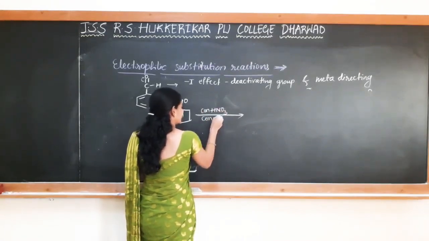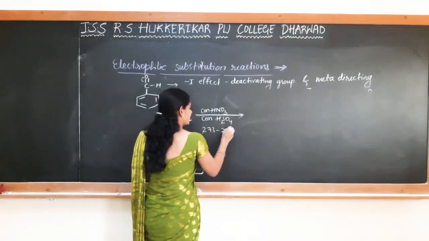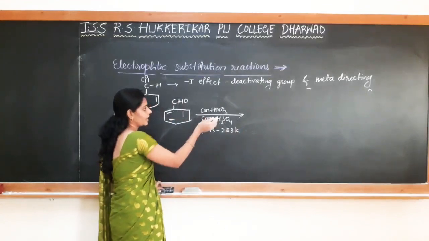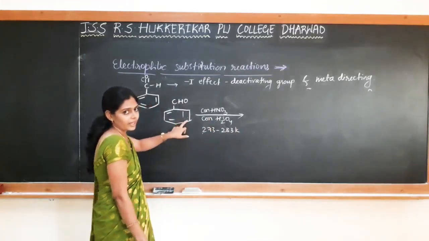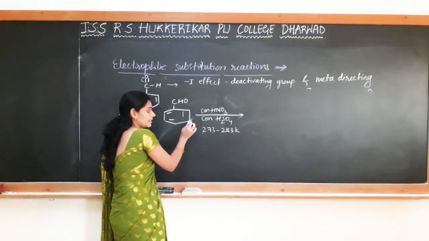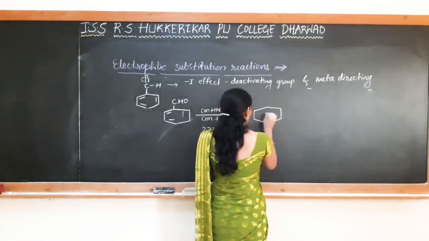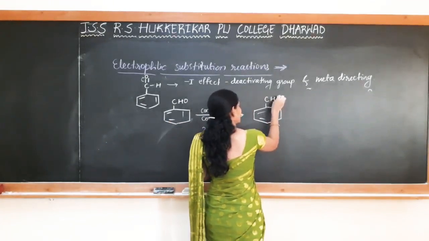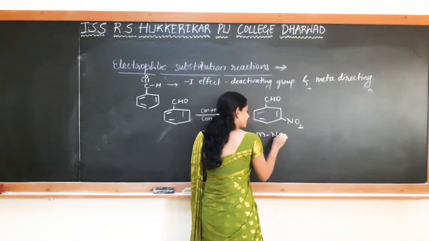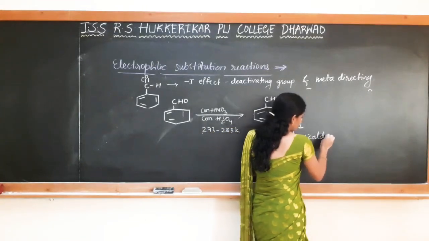The temperature required here is 273 to 283 Kelvin. Under this condition the nitro group is inserted. NO2 plus, the nitronium ion, is the electrophile generated, which attacks the meta position. So you get meta-nitrobenzaldehyde as the major product.